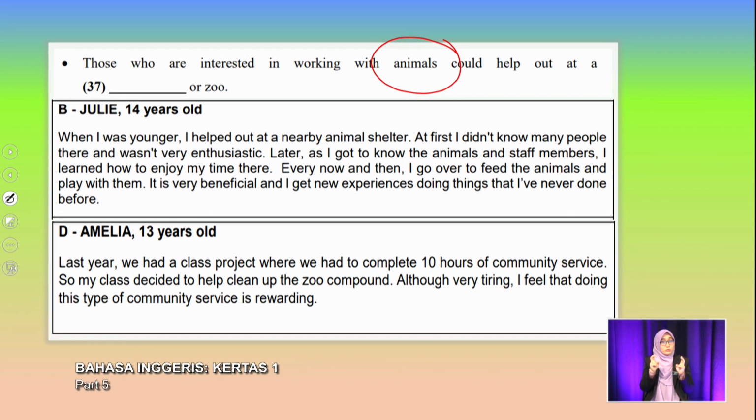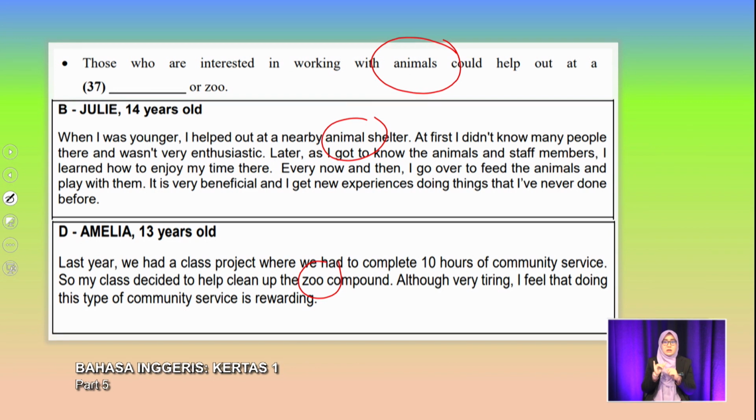If you look at the text from A until F, there are 2 that are working with animals, which is B and D. Here it's talking about zoo also, animal, right? So, which word do you think is the most suitable?